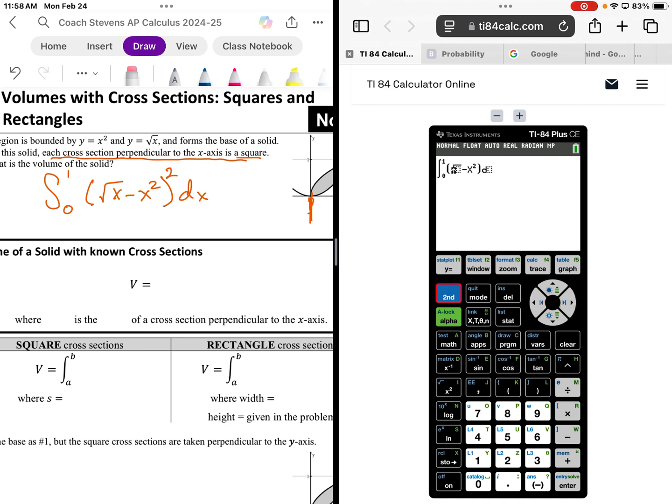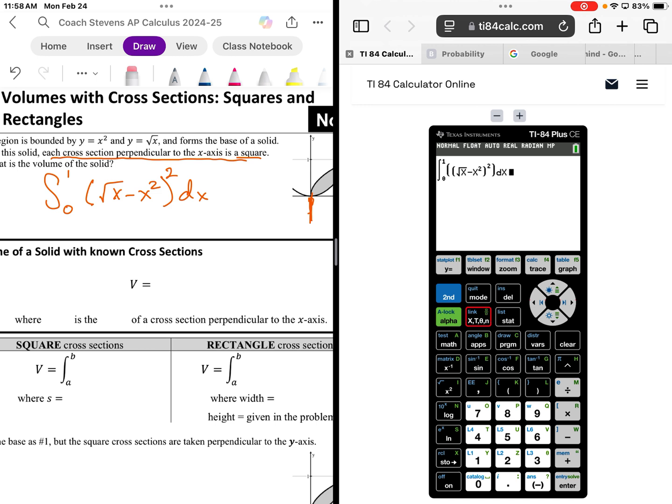All right, so insert the parenthesis, and then get that x back in there. And then go outside of that power, put a parenthesis, and now I'm going to square it. So that's how we'll type it in Math 9. Otherwise, if you don't, it's not going to square it. So you got to get it in there before the dx, inside of their parentheses.